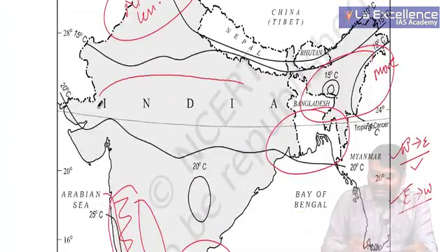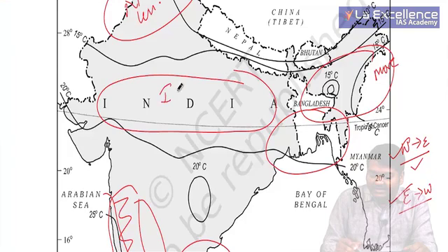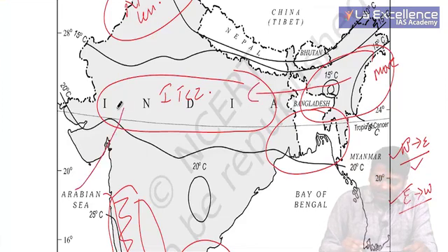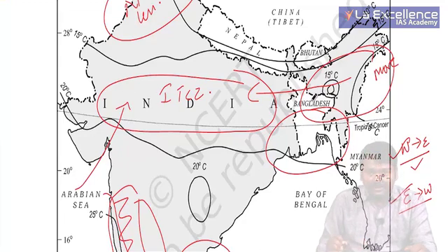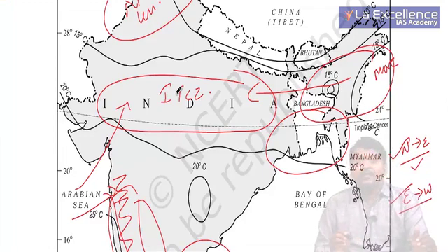I have the ITCZ in this region. ITCZ is a low pressure area, correct? So, if winds are blowing like this, by the time these winds reach the ITCZ, they may get exhausted, that is, the moisture content is not there at all. Because of the Western Ghats being present, the Arabian Sea branch will give more rainfall in the Western Ghats. By the time they enter the ITCZ here, rainfall is less.